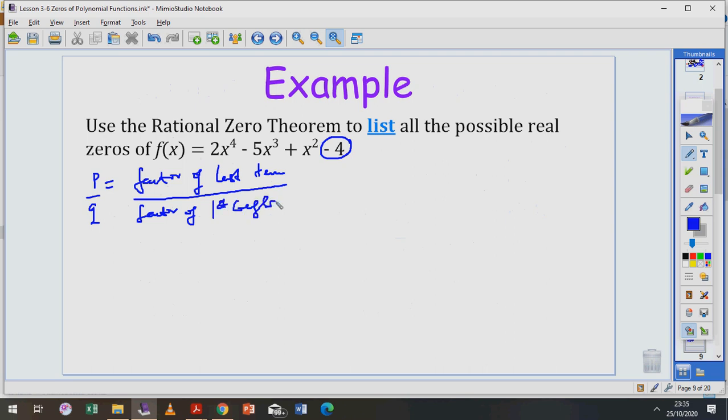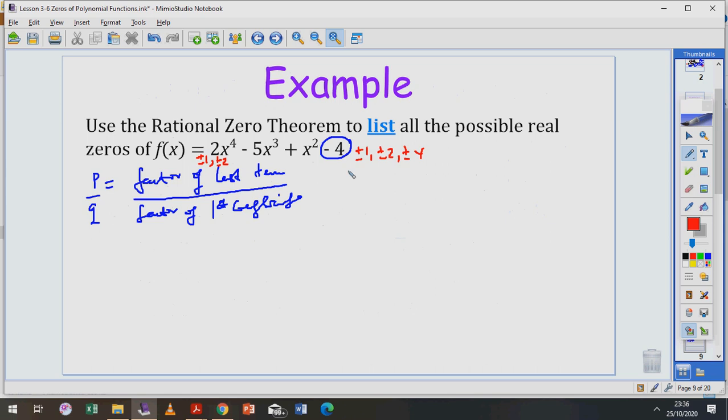You have to make sure that it's arranged in order for this pattern to work. So what I'll do is list all the factors of negative 4, and then list all the factors of positive 2. The factors of positive 2 could be plus or minus 1, or plus or minus 2. The factors of negative 4 will be plus or minus 1, plus or minus 2, and plus or minus 4.